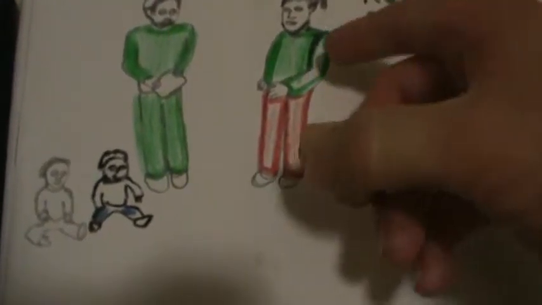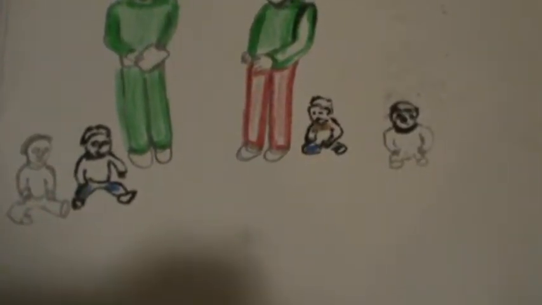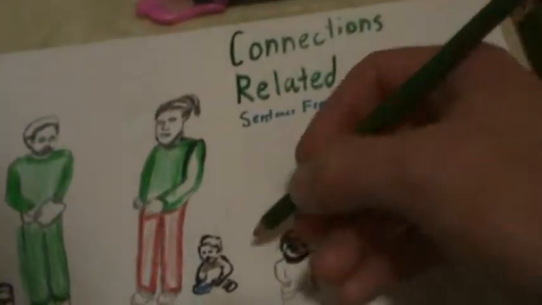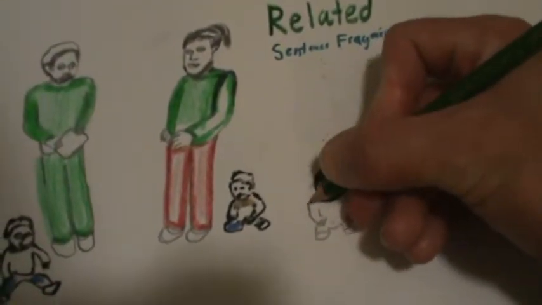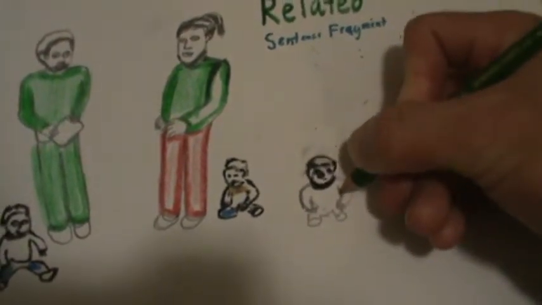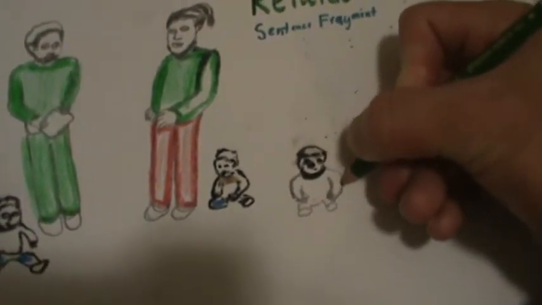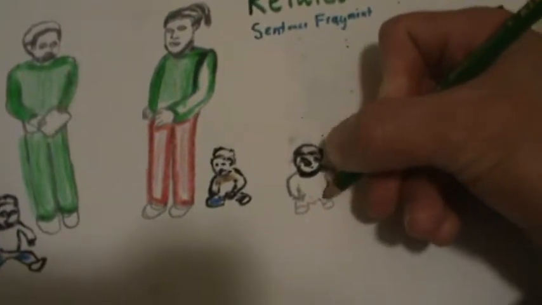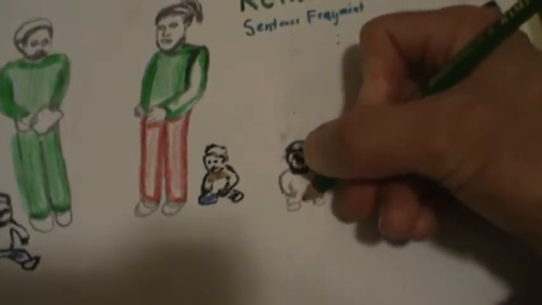After the son or daughter grows up and has children, their children may go by different last names, or they may go by the same name, and let's just say they're not related.